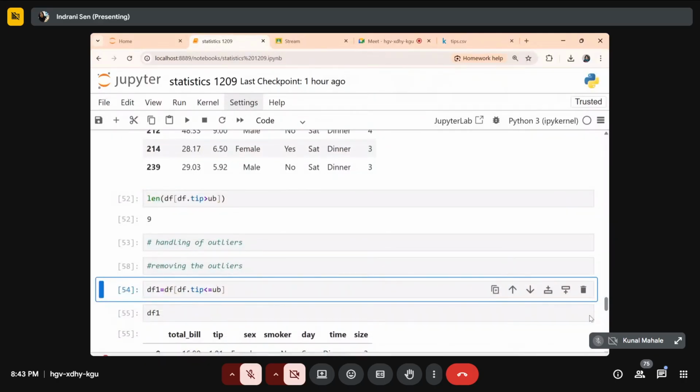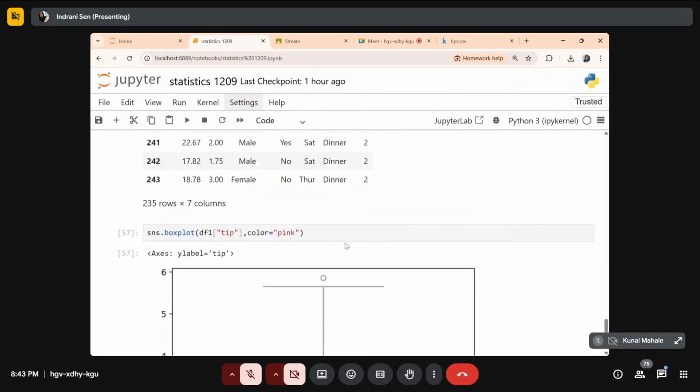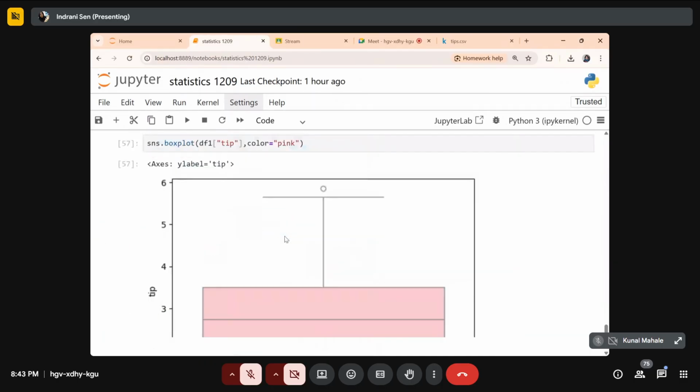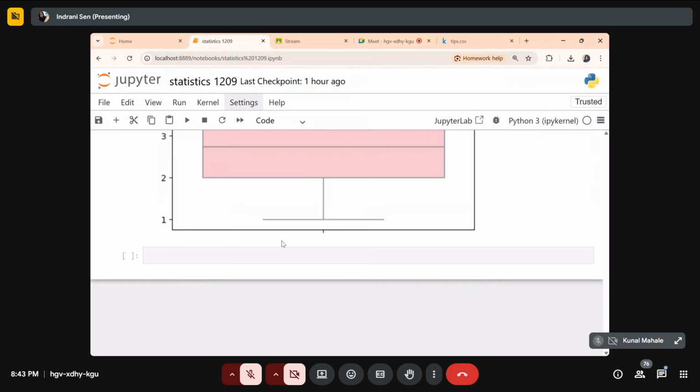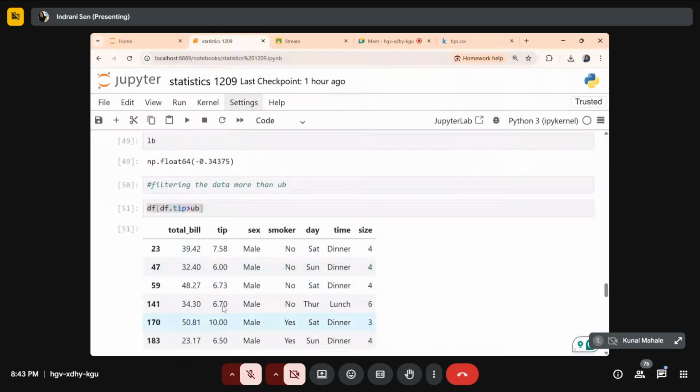So this is done, right? Next technique, you see, I have not changed the actual data set. I have copied it into a new data set, so the actual data set is still unchanged.